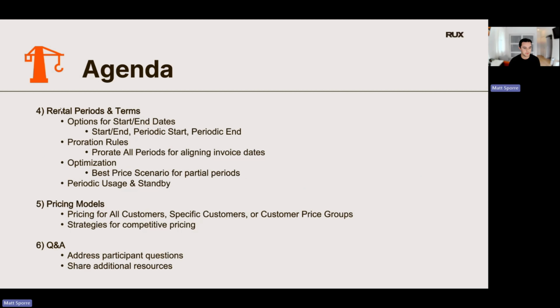Then we'll get into pricing. That'll start with rental periods and terms, some different options for start and end, proration, optimization, and then periodic usage and standby. Then we'll go back to the rental unit card, show you how we can store and calculate prices for different customers, price groups, and assets. And then we'll wrap it up with a Q&A.